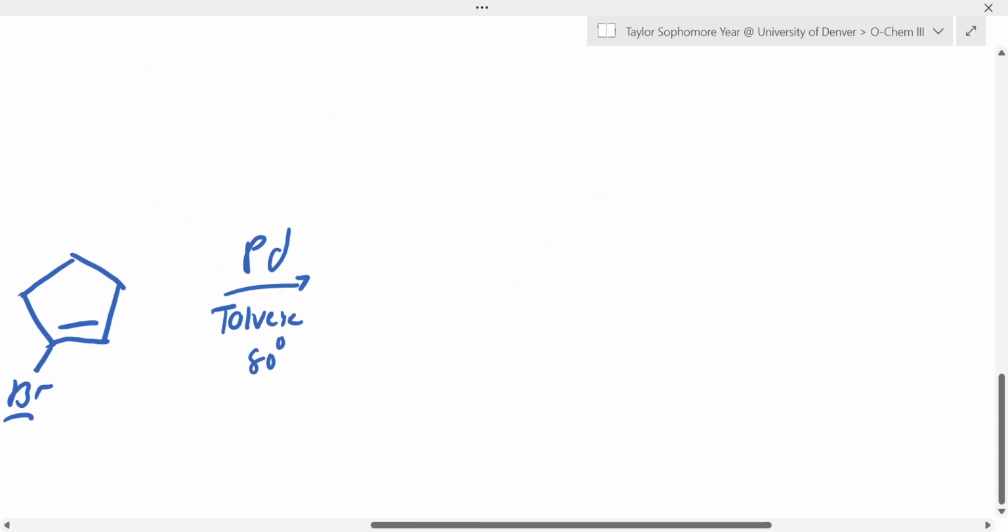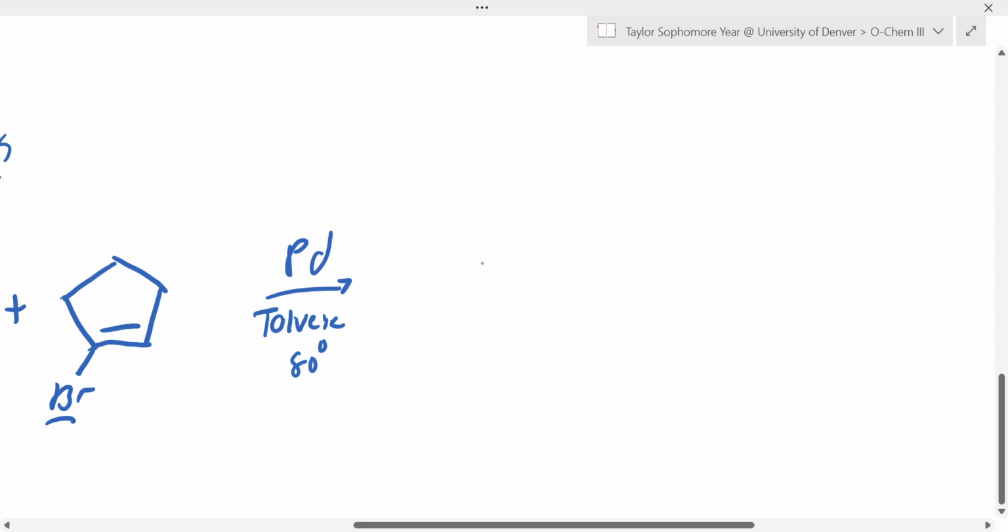So the product would look something like this. We still have the double bond here, but instead of having SnBr3, we can now have this pentagon with the double bond right here.